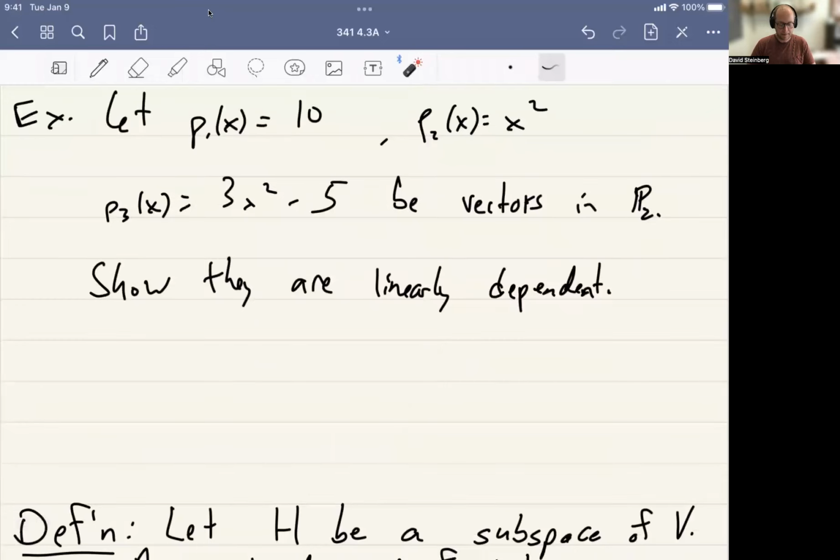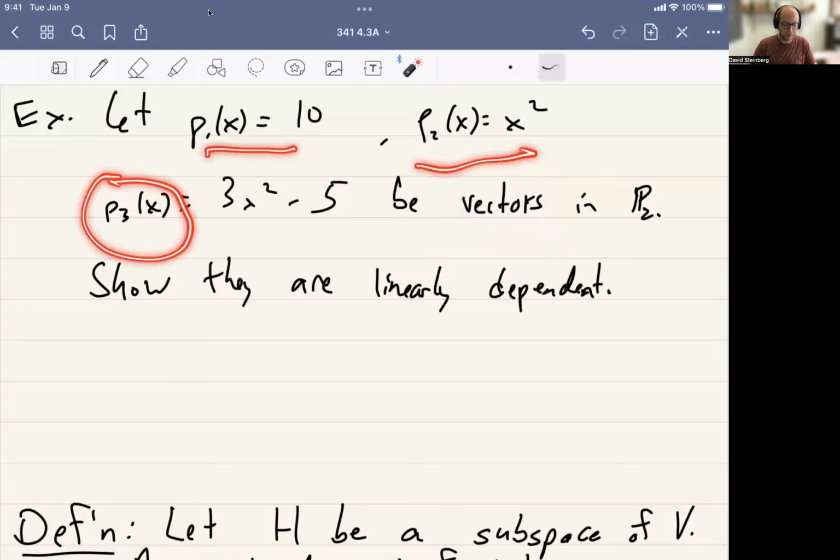If we've got P1 is 10, P2 is x squared, P3 is 3x squared minus 5. These are all vectors in P2, really polynomials of degree 2 or less. We want to show they're linearly dependent, and the quickest way to do this is to observe that P3 is a linear combination of P1 and P2.